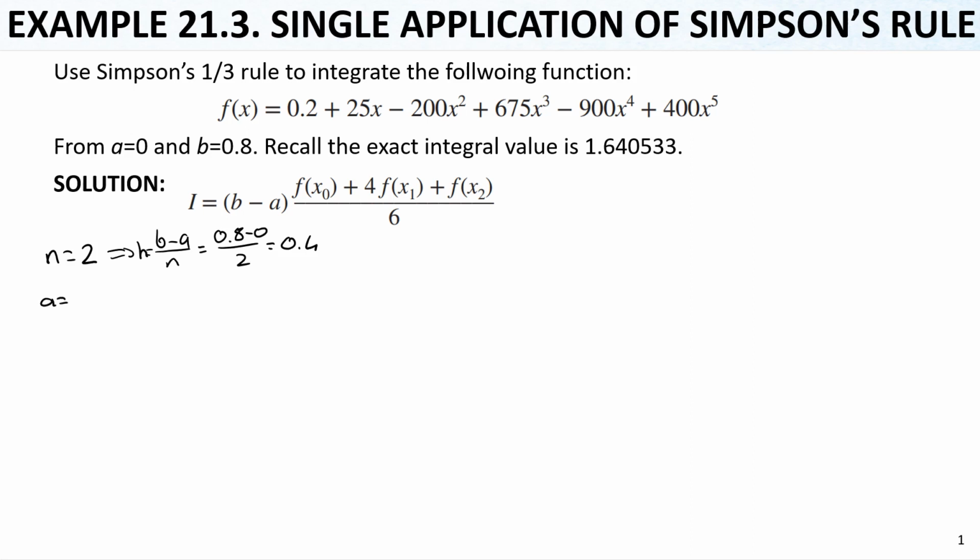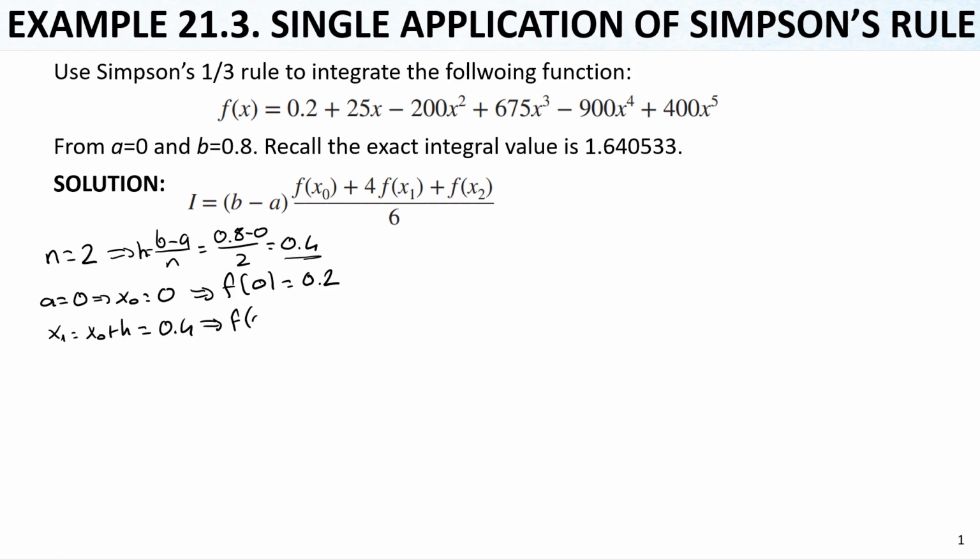Then we will start again. a equals 0, which means x0 is 0, and for that f(x0) or f(0) is 0.2, and then we add this h, 0.4, so x1 is equivalent to x0 plus h, equivalent to 0.4.